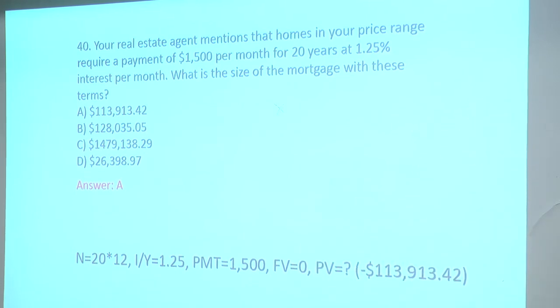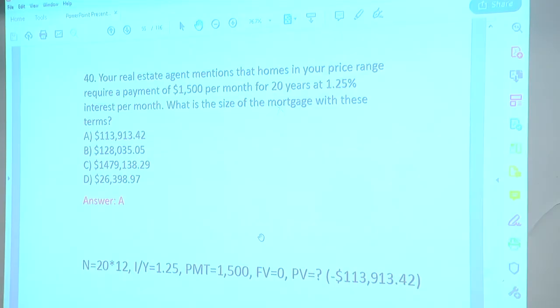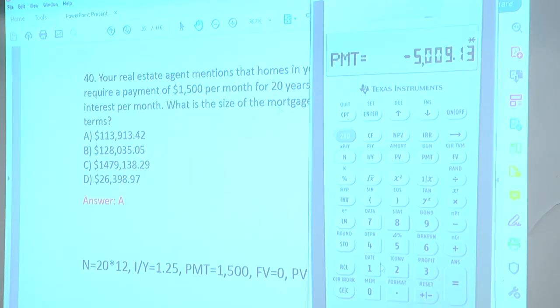So $1,500 per month for 20 years. How many payments are there? 240, 20 times 12. That's the n times m we mentioned before. So in the calculator, you can do 12 times 20, which is 240, to put as n.